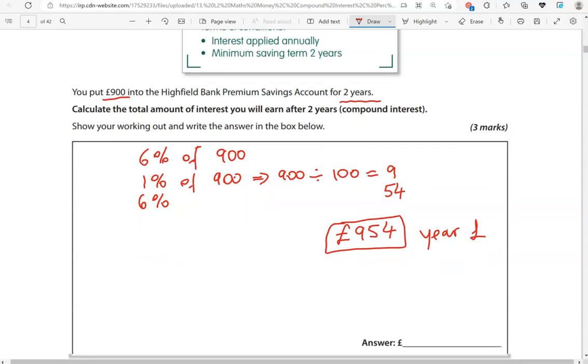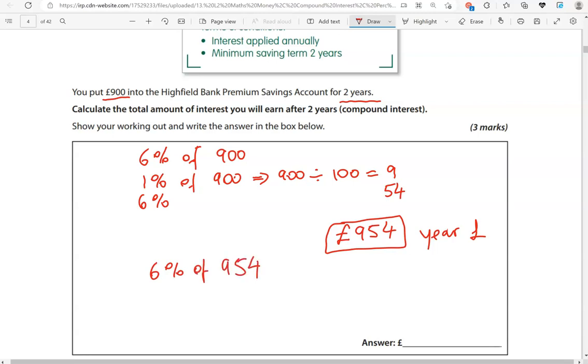Now we've got to work it out for another year, year 2 now. So we're looking at 6% of £954 because it's compound interest. So you earn interest on the interest for year 1 as well, not just the £900 you put in.